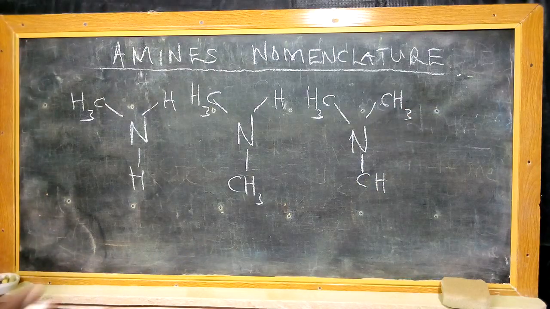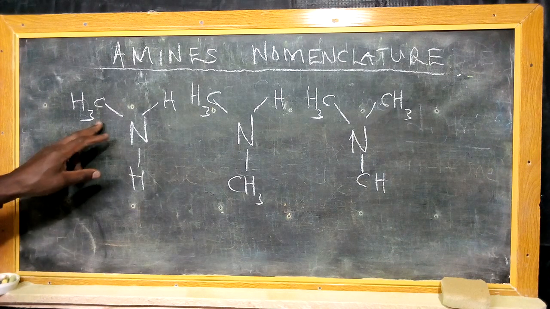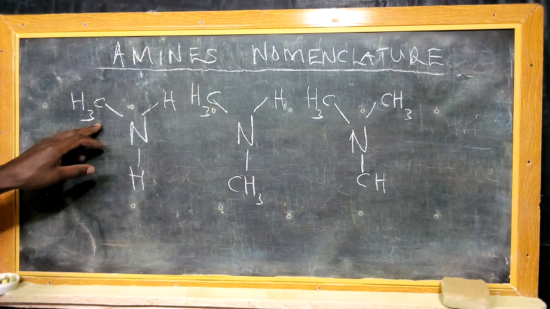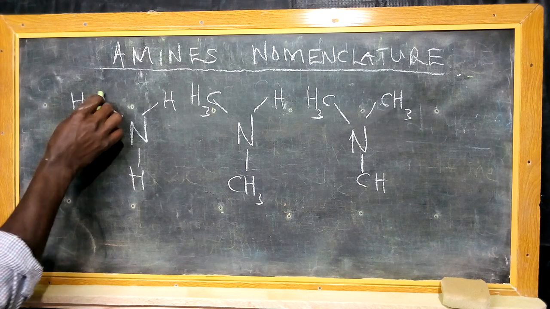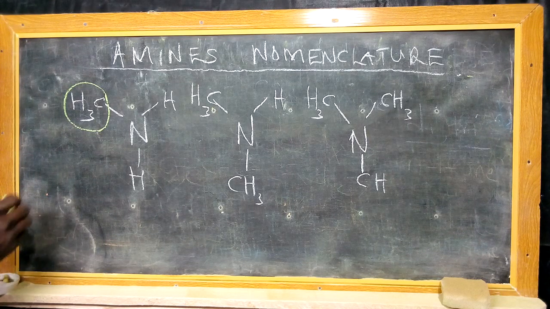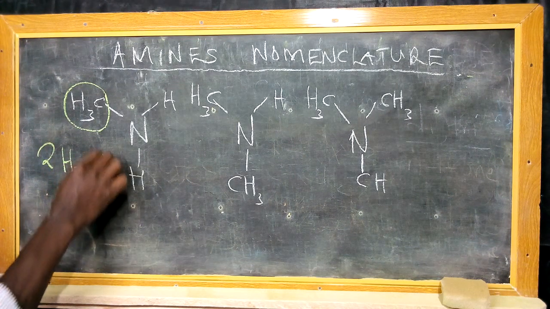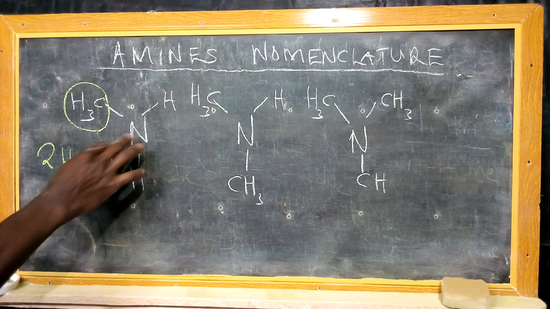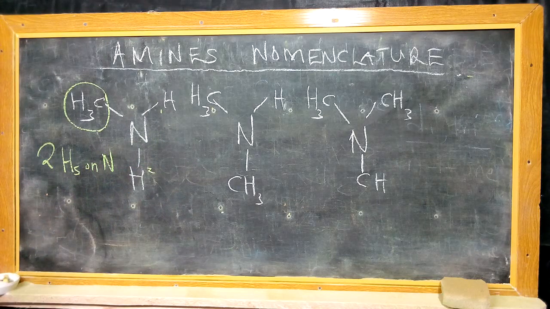From the first one, there's only one hydrogen substituted by a methyl group. For this kind of amine, they contain two hydrogens on the N atom as we have seen. So there are two hydrogens: hydrogen number 1, 2.